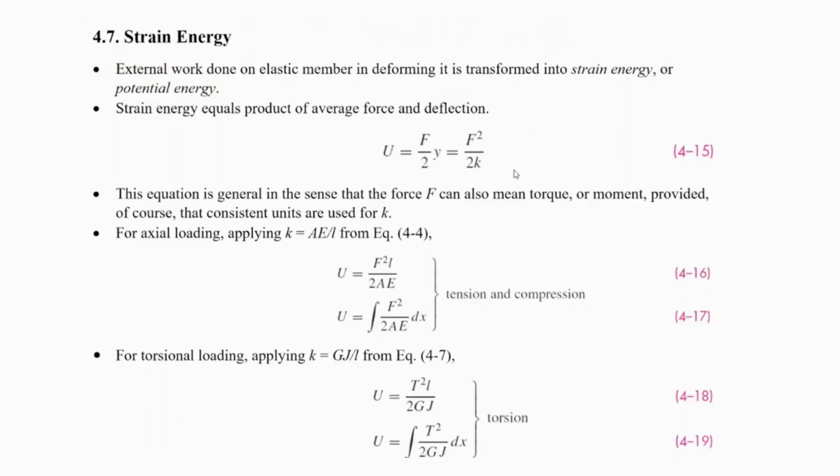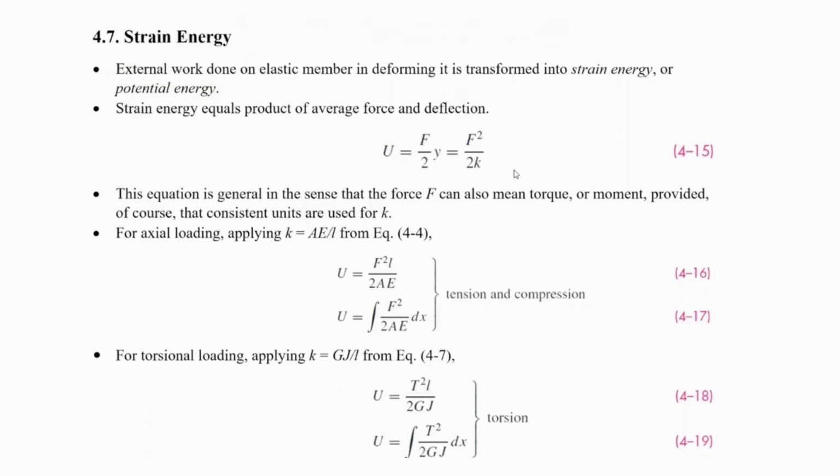For different load conditions and configurations, we would have different strain energy equations. For example, if the structure is subject to an axial loading, in this case, K is replaced by AE over L. If you recall, this is the stiffness corresponding to a structure which is subject to an axial force.